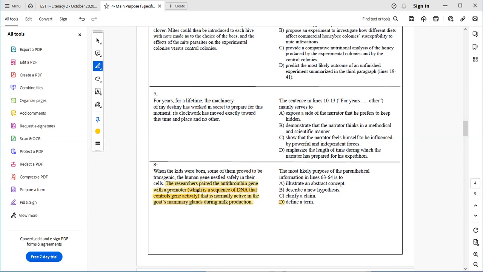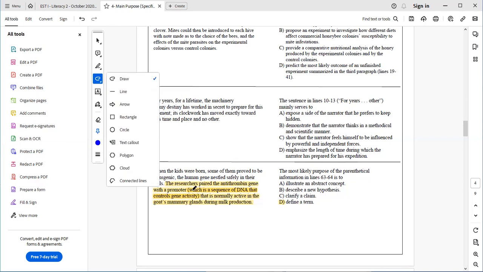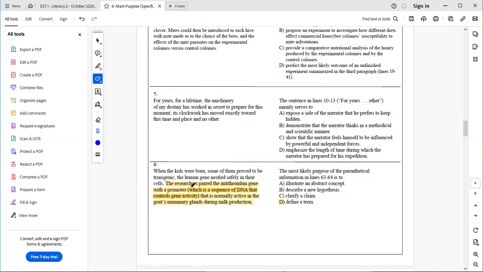He said the researchers paired the antithrombin gene with the promoter, which is a sequence of DNA that controls gene activity that is normally active in the goat's mammary glands during milk production. Okay, wait, mister. I'm asking now about the importance of what's inside the parentheses. And if you get here, he said a promoter. What is the promoter? Which is a sequence of DNA that controls gene activity.